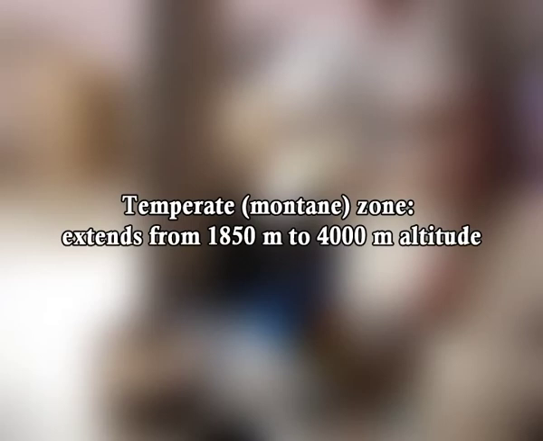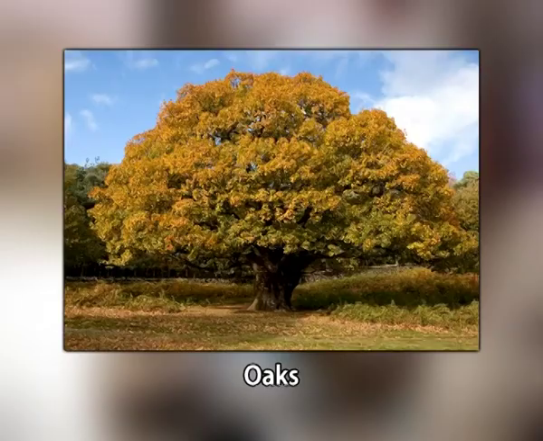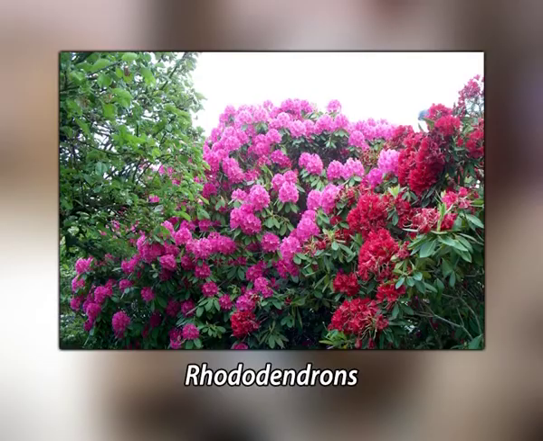The zone extends from 1850 meter to 4000 meter altitude, about 500 meter higher than in the western Himalayas. The vegetation consists of typical temperate forests with oaks and rhododendron at lower altitudes and conifers at higher altitudes.